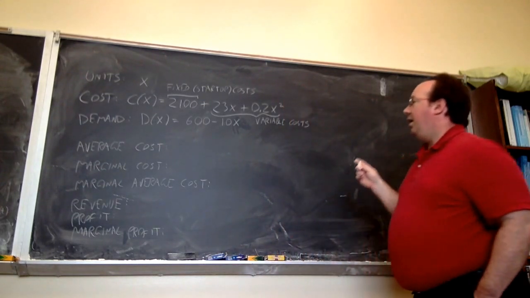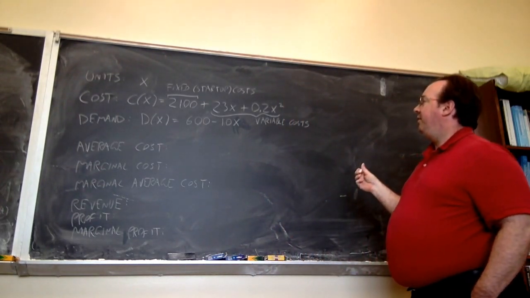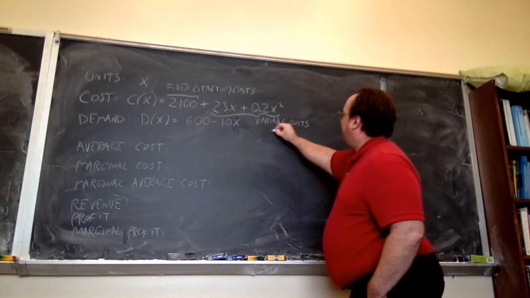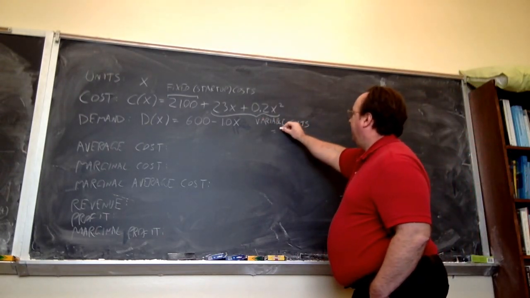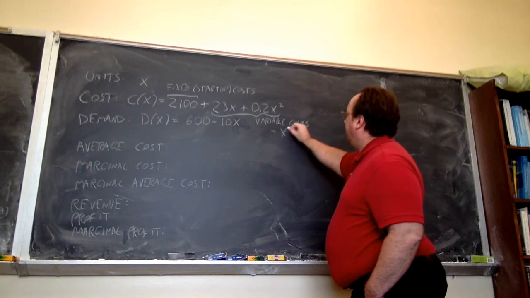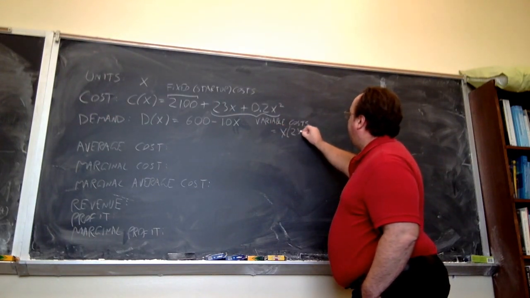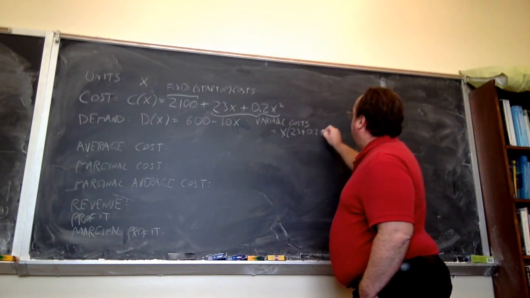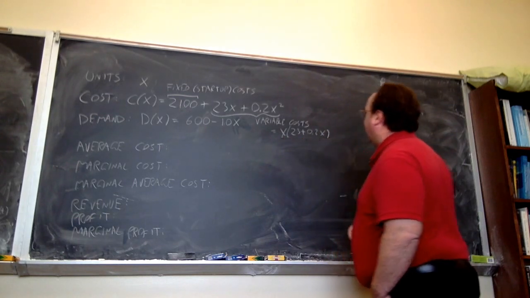So what you could say is that I could break this down into, if I factor an x out of the rest of this cost function, then I have 23 plus 0.2x, all of it times x.